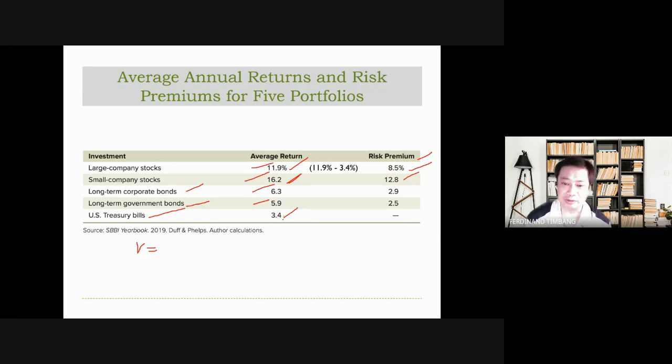But if you want to take additional risk, then these are the premiums for the large company stocks, small company stocks, long-term corporate bonds, and long-term government bonds. So the presence of the risk premium is because of the additional risk that you undertake. Kaya dapat mag-require ka ng additional return for taking additional risk.